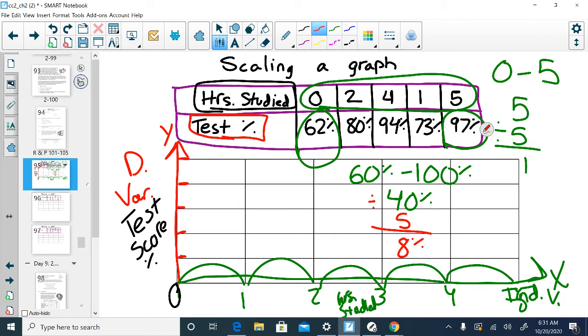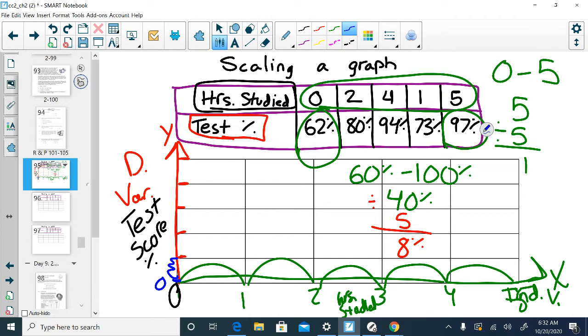And so I guess I could go up by 8% here, but that seems a little complicated. Instead, I'm just going to go up by 10%. Here I'm going to put a 0 because we always start at 0, but then I'm going to show a little break in my graph.